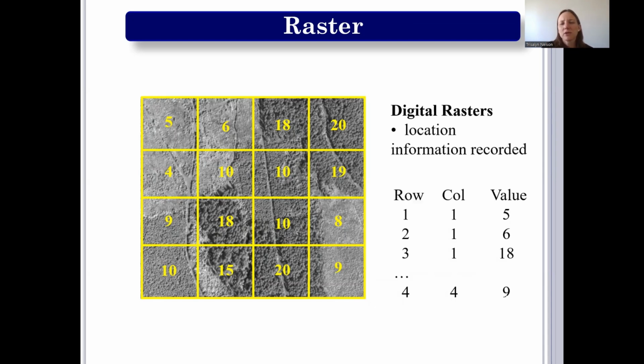And then sometimes we also store it like this, where we say row 1, column 1 equals 5. And then we can give row 1 and column 1 a coordinate, and we can also know how big each of these grid cells are, so that we can do all the mapping that we need to do.